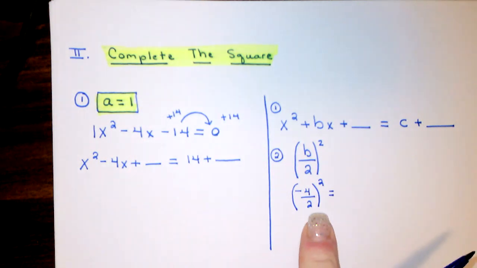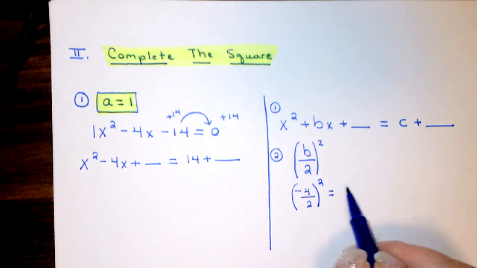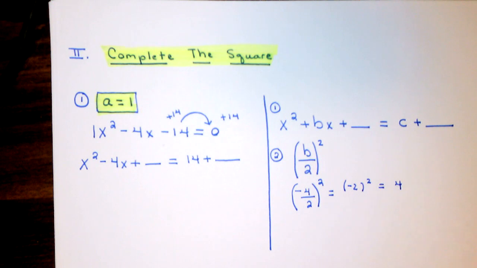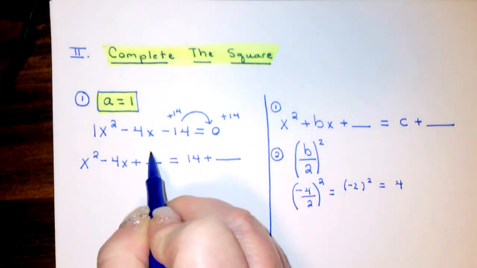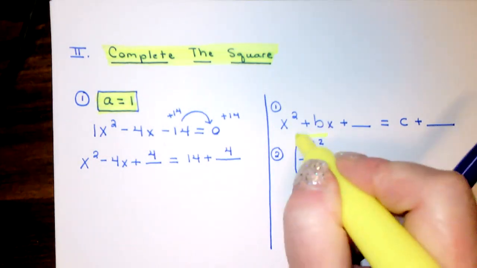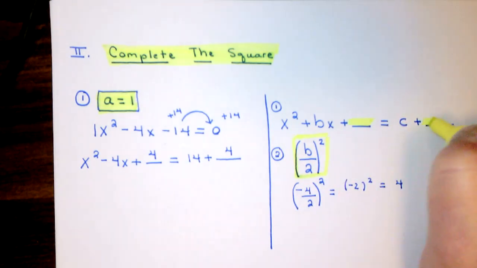Okay, so when I half this, because b is your negative 4, I'm going to get negative 2. When I square it, I get a 4. So that's going to go on both sides. So this is your formula that you're using to put in the blanks right there.